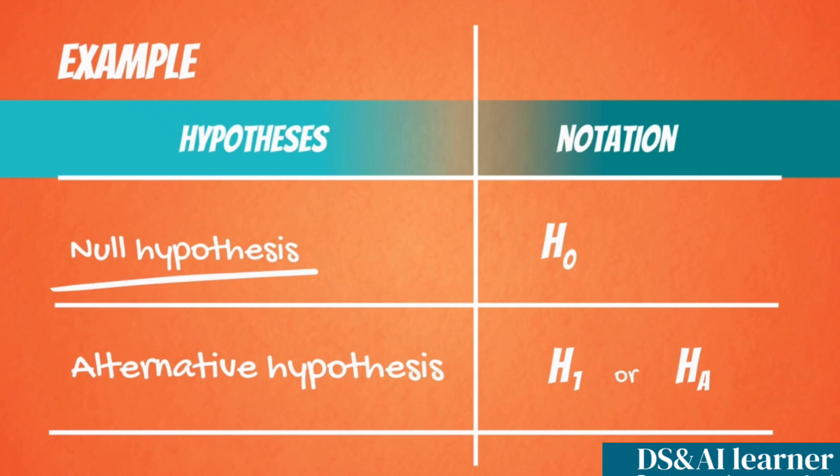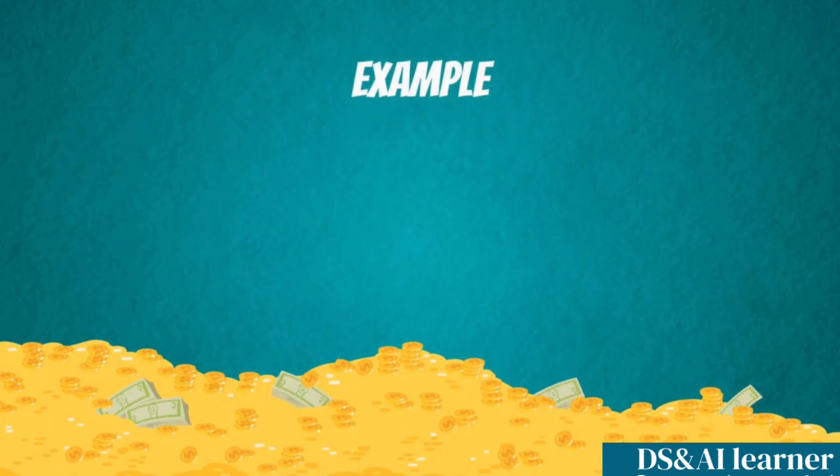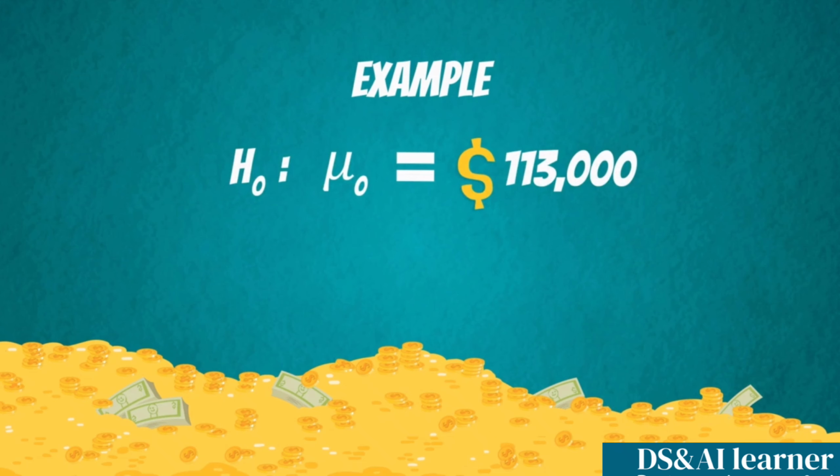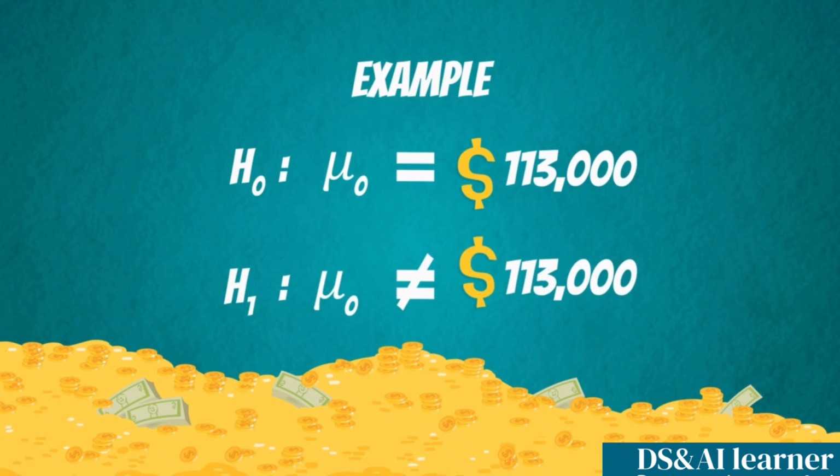The null hypothesis is the one to be tested, and the alternative is everything else. In our example, the null hypothesis would be the mean data scientist salary is $113,000, while the alternative, the mean data scientist salary is not $113,000.